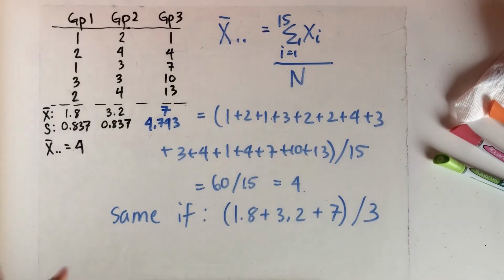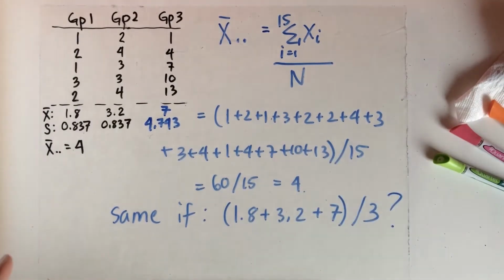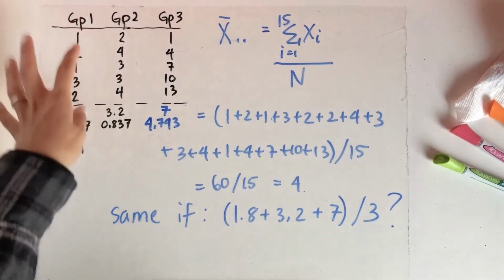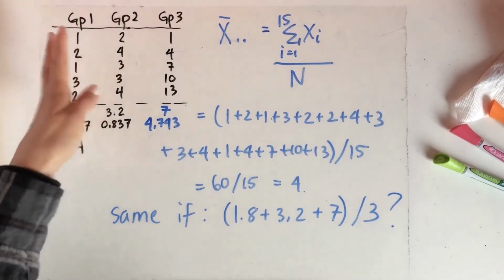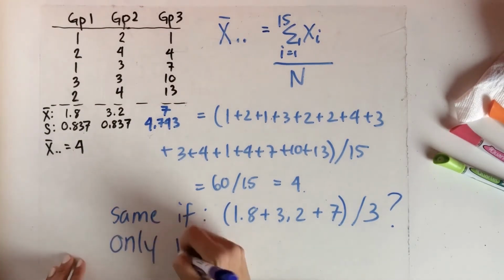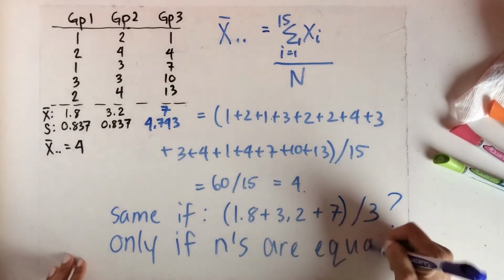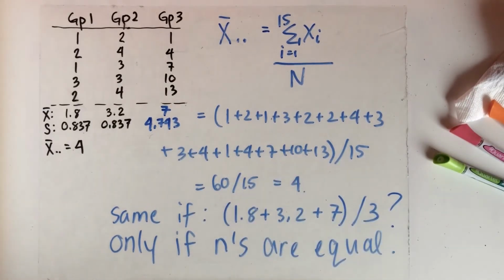However, a lot of caution needs to be taken if there is at least one cell or a group with different numbers of observations in it. So it's only if n's are equal. So now you have a shortcut sometimes.